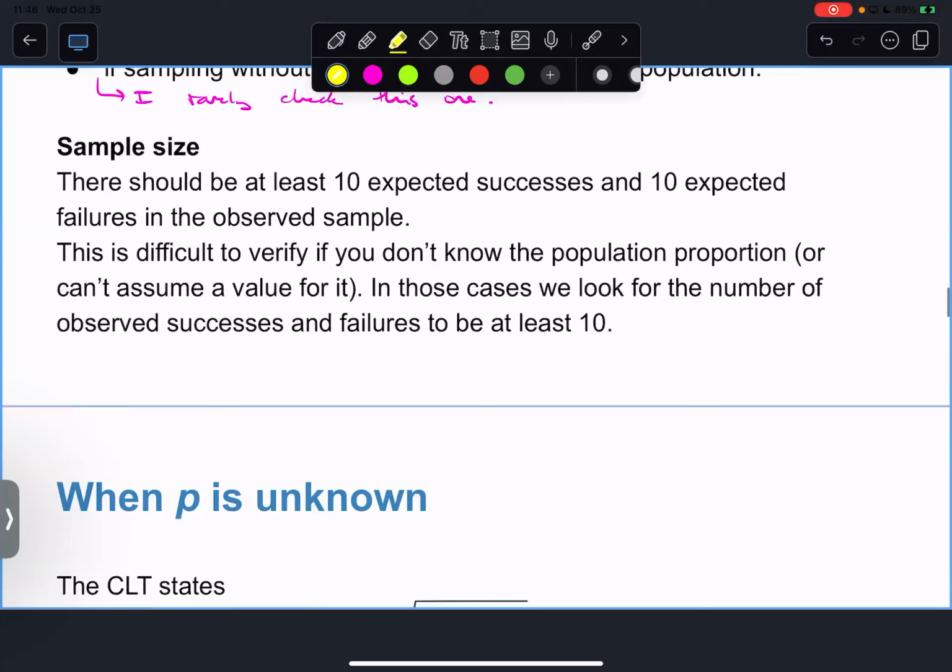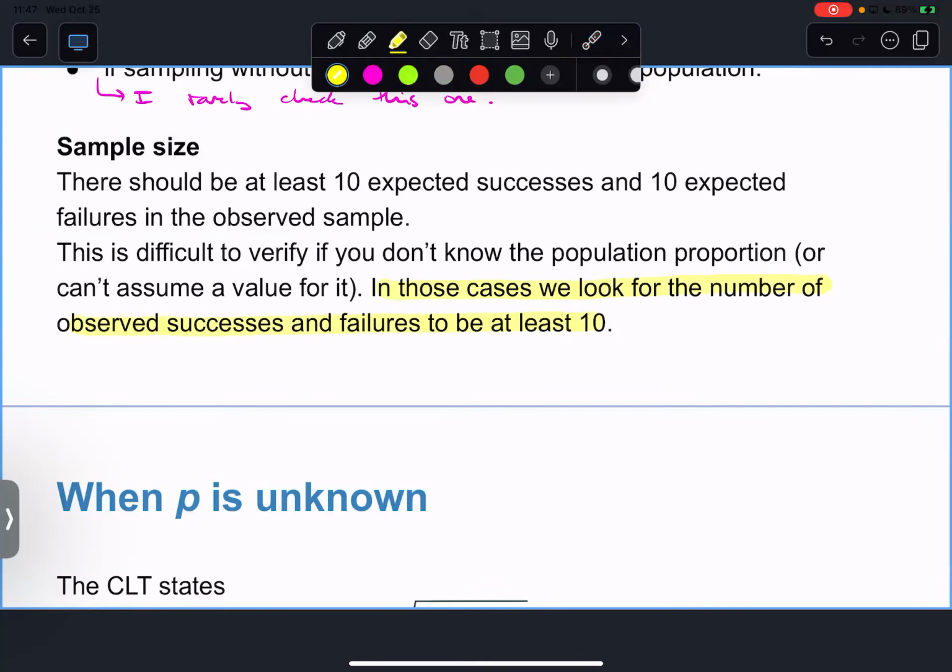In terms of the sample size, there should be at least 10 expected successes and at least 10 expected failures in the observed sample. Okay. Now, that's really hard to verify if we don't know the population proportion. And so what we check is we look for the number of observed successes and failures to be at least 10.